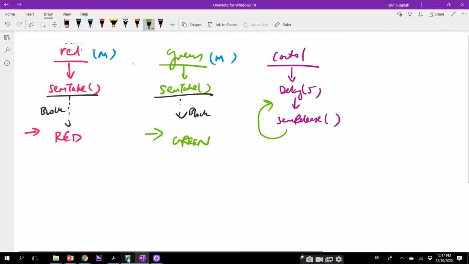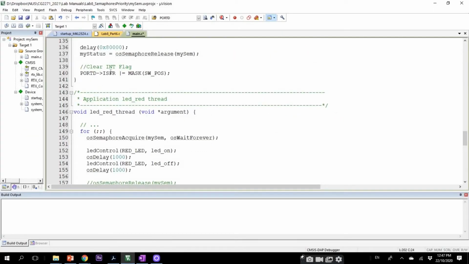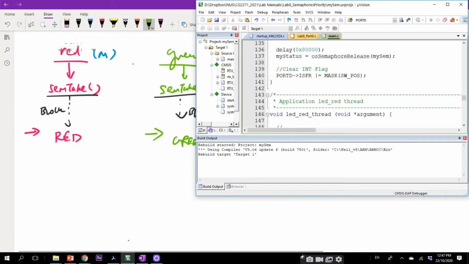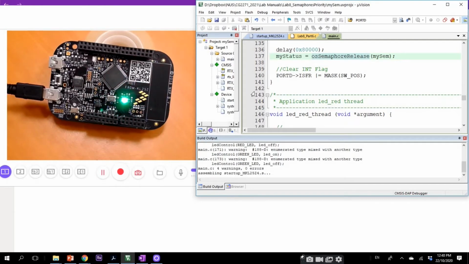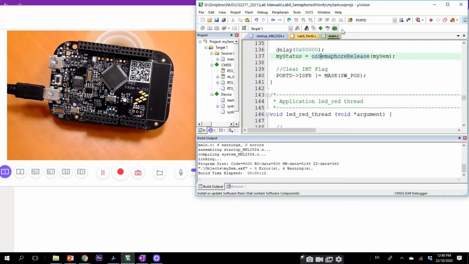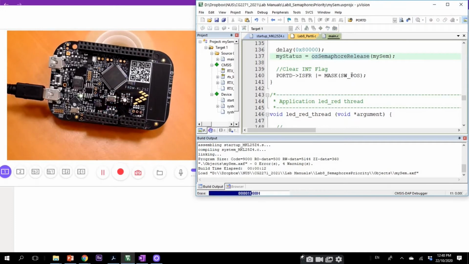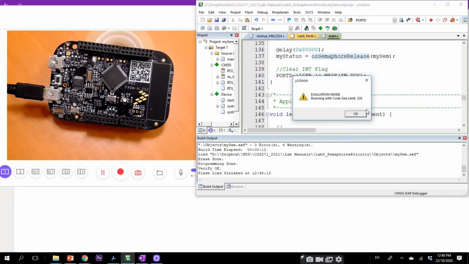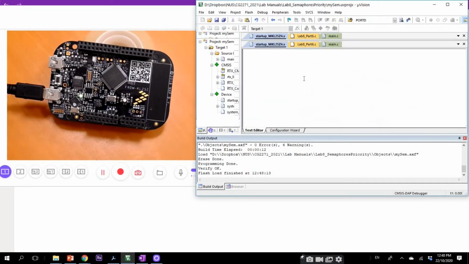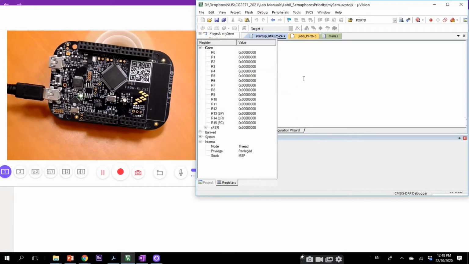Now, let's look at it here. I'm going to build this code right now, and then we're going to run it. Let me bring up the camera. Let's run it and see it in action to confirm our understanding and that the behavior is the same.